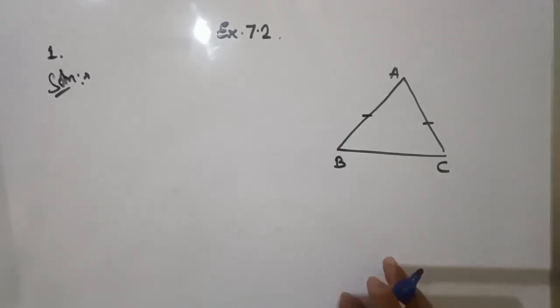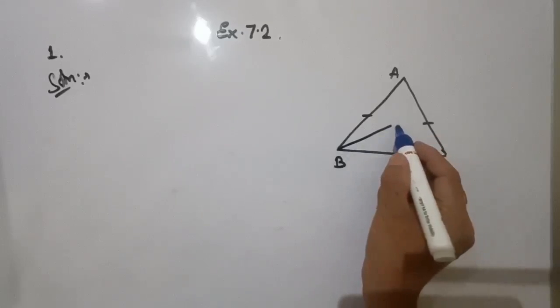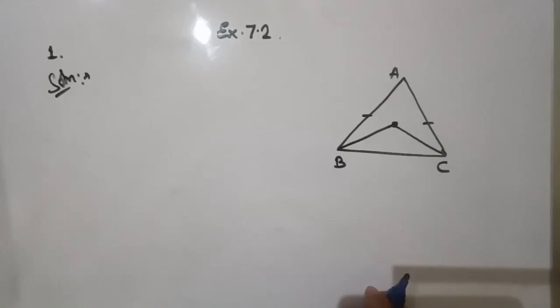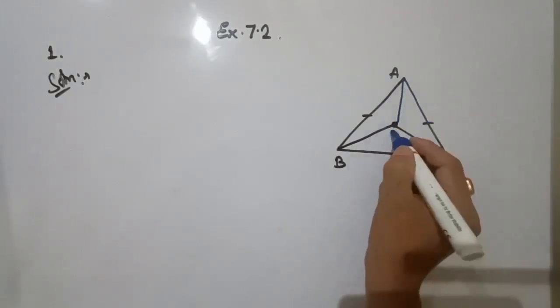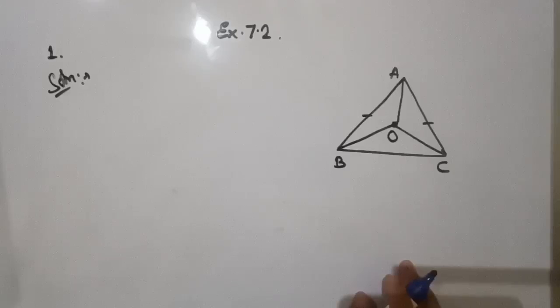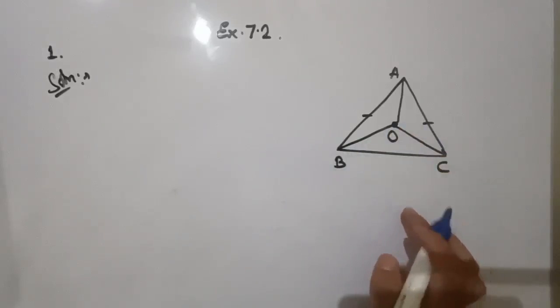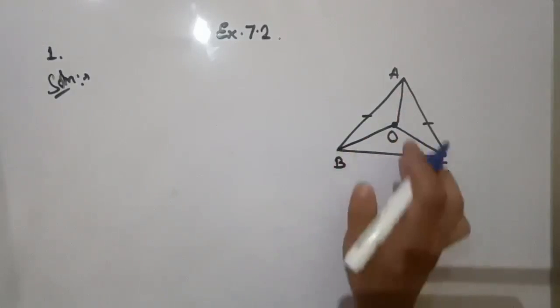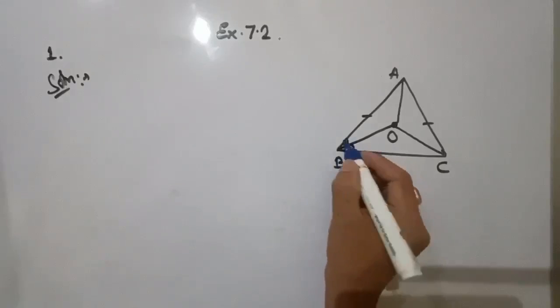And also the bisectors of angle B and angle C intersect each other at O. Now join A to O. Then we are to prove that OB equal to OC and OA bisects angle A. Since OB and OC are the bisectors of angle B and C respectively, these two angles will be equal to each other.